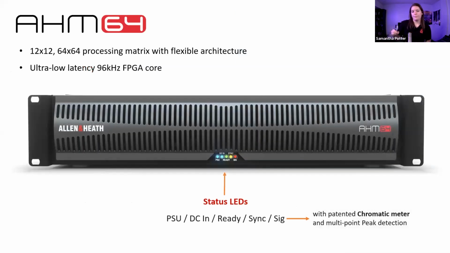Okay, so here it is again. I want to point out a couple of little bits and pieces of the front and back panel for you. It's a 12 by 12 up to 64 by 64 processing matrix with what we call flexible architecture. It is not open architecture in the way that you drag in blocks and have to start from scratch every single time.